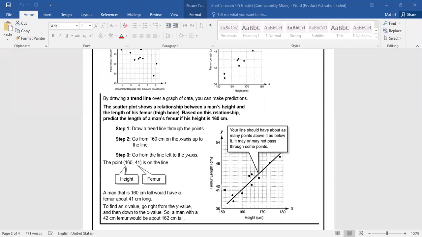I will stop here, and we will go down. The scale here is 62, 64, 66, 68, and then 70. Then if it's 42, it will be 62.